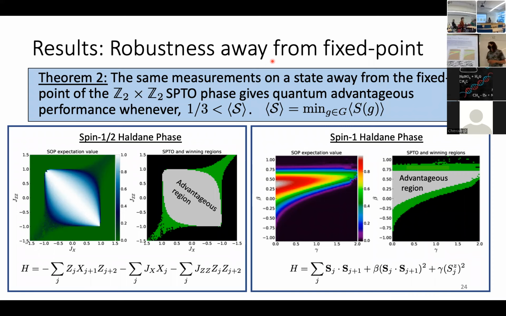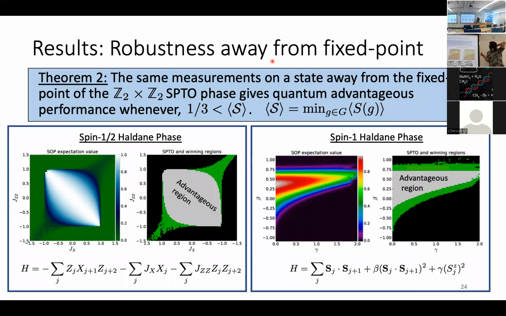I don't really have too much to say about that, because I don't know of any procedure that necessarily works whenever the thing I'm trying to measure almost looks like a finite angle logical rotation in the context of MBQC. So it's a little bit more subtle. I don't really have an answer to it.